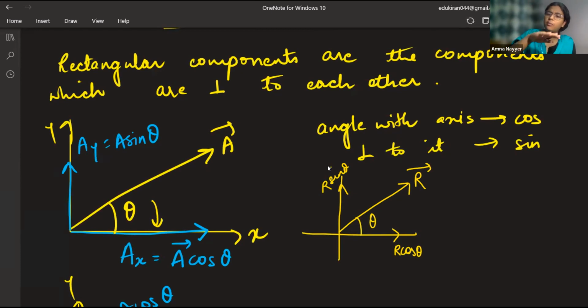If you have inclined plane questions, then resolve along the plane and perpendicular to the plane. Except for motion on an inclined plane, every time you are going to resolve along the y-axis and x-axis. Your aim has to be resolving vectors along the x-axis and y-axis.